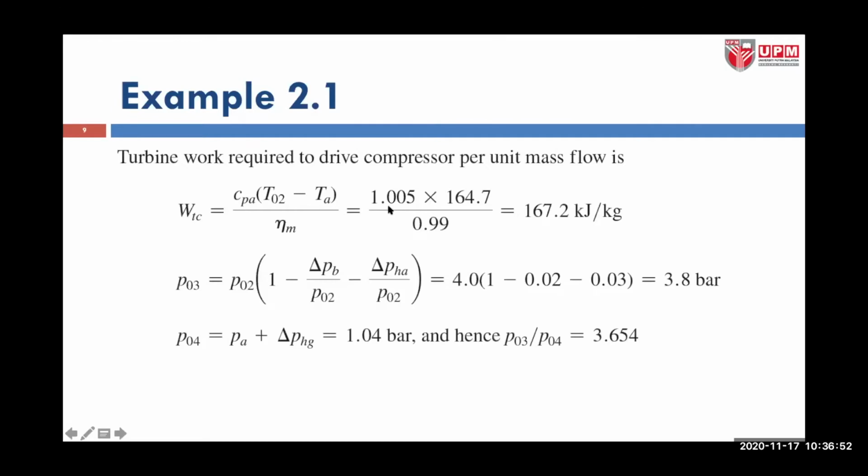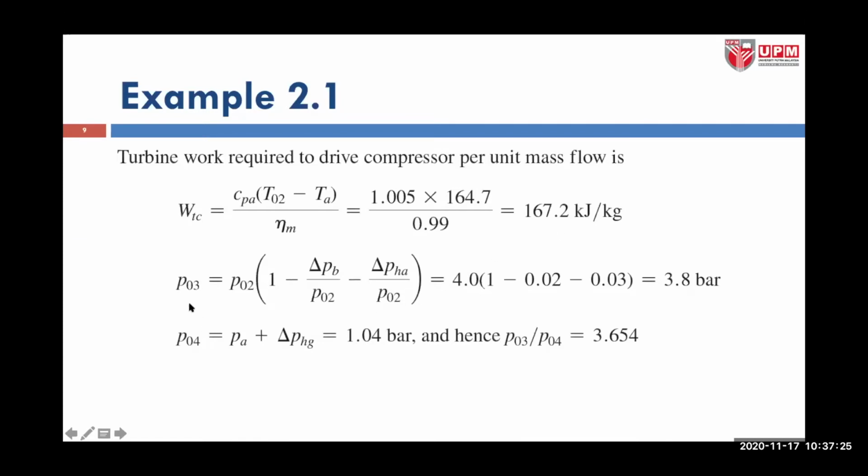Putting the value for Cp, the specific heat capacity of air at constant pressure, 1.005, and T02 minus TA equal to 164.7, and given the mechanical transmission efficiency of 0.99, you will get the work of the turbine required to drive the compressor as 167.2 kilojoule per kilogram.